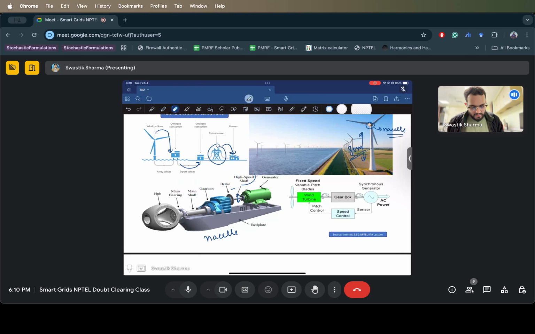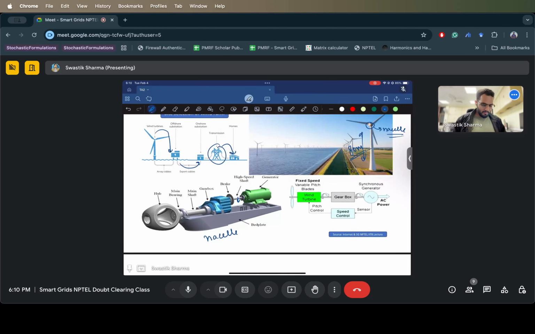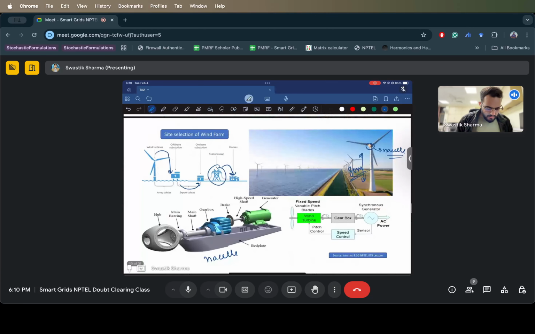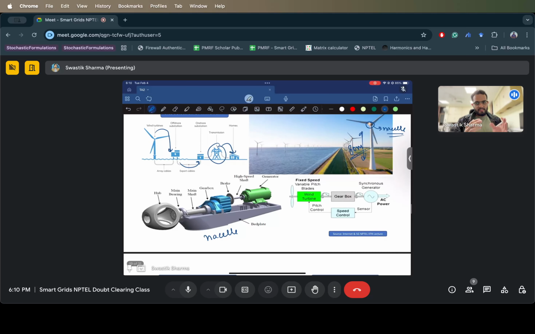So now we'll discuss what kinds of wind turbines there are, right? One is fixed speed with variable pitch blades. I hope everyone has gone through the lectures. This was very extensively covered.